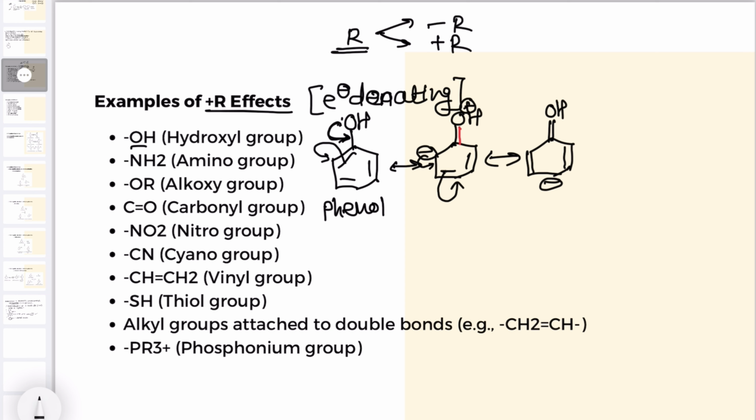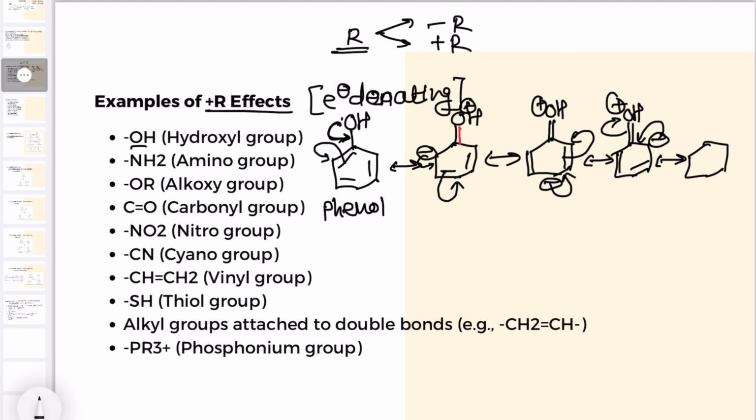Then the next structure, this double bond goes inside the ring. Then the formation of this, here the double bond at the corner, and this is unchanged. Then in the last structure, this bond goes inside the structure and this bond goes as the lone pair.